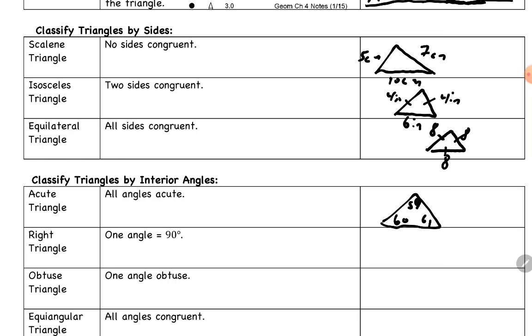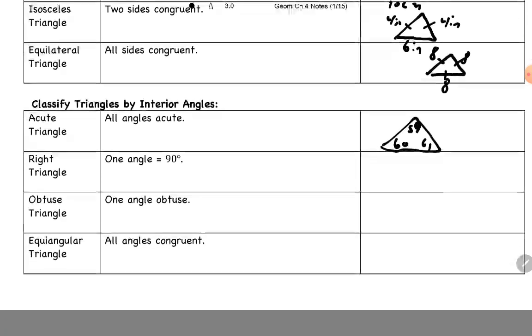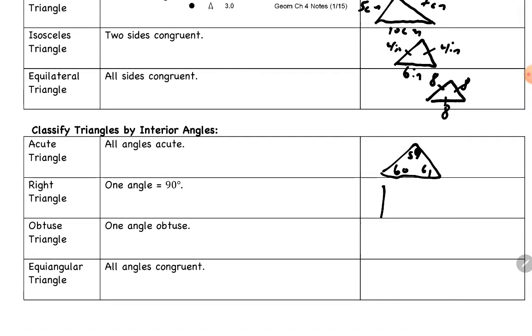They're all less than 90. They're all different. And then the right triangle, we've seen this before. A triangle with a right angle. An obtuse triangle has one angle bigger than 90.